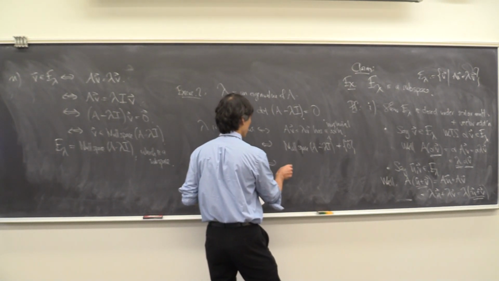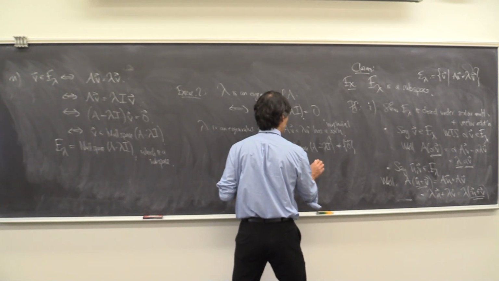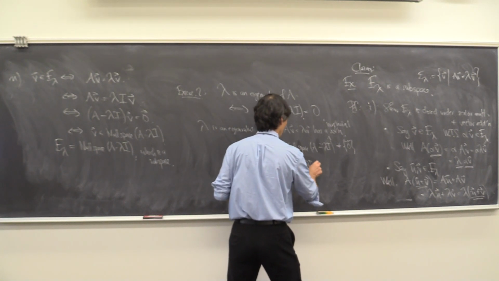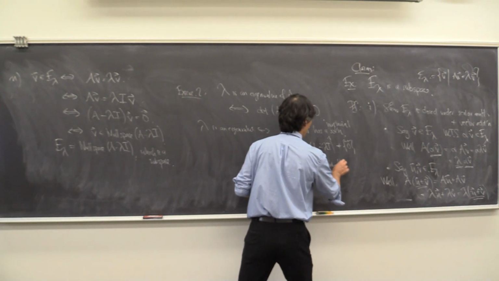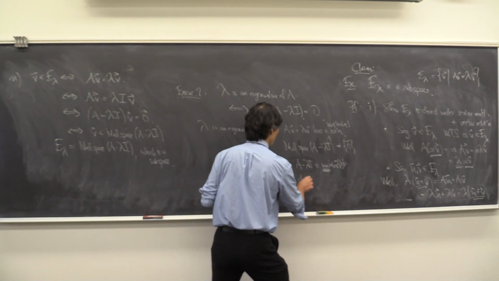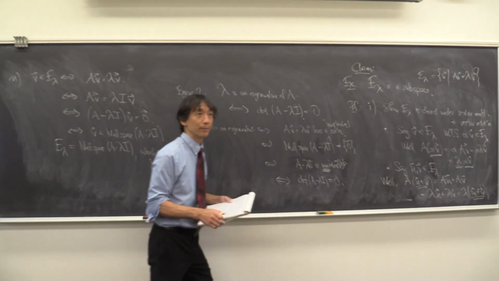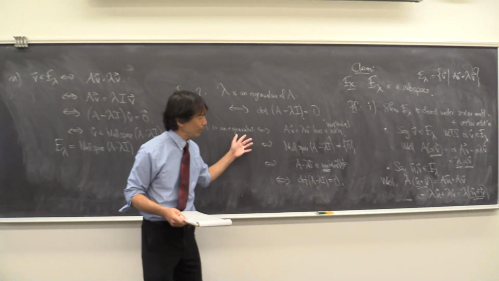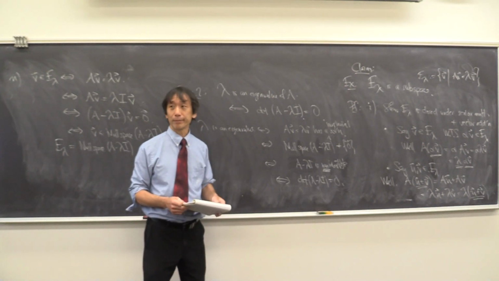So this is the same thing as saying that the determinant of this is 0, because we know what non-invertible means, that the determinant must be 0. Do you remember the old theorem about characterizing invertibility?